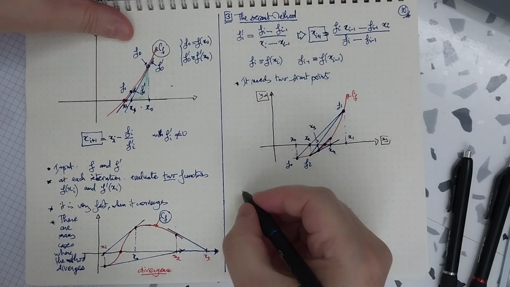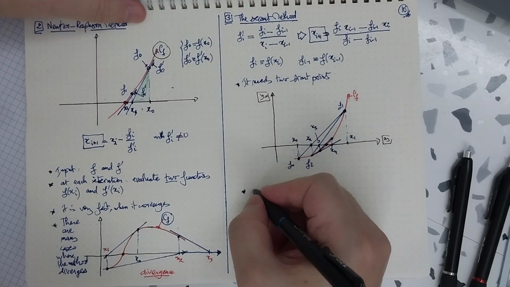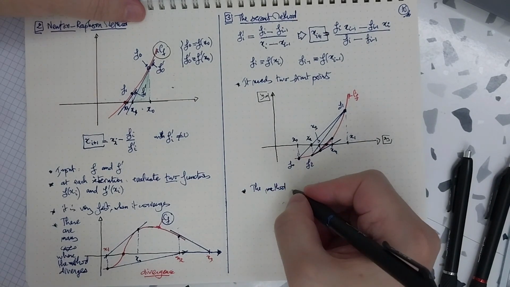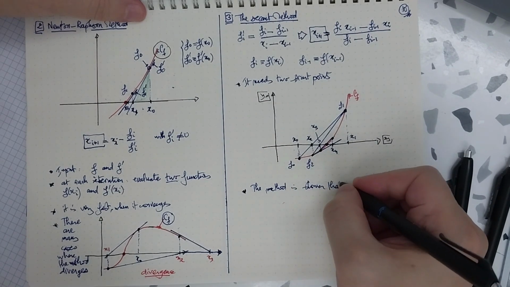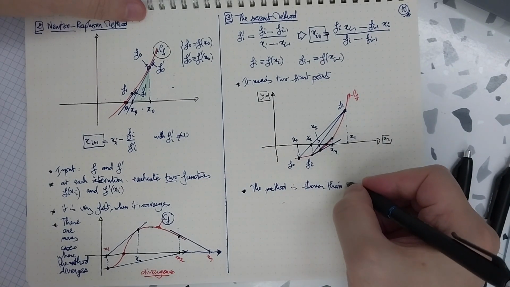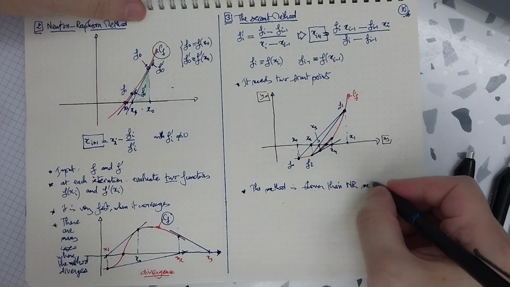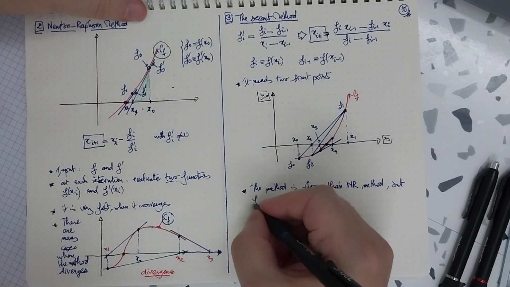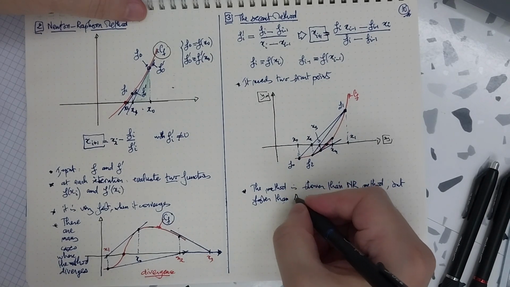Now let's note it here. The method is slower than the Newton-Raphson method, but faster than the Abou Kamel method.